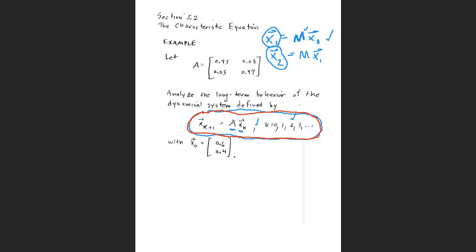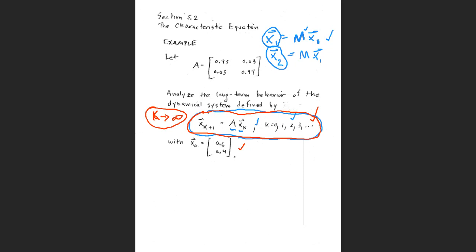Right now, though, we want to analyze the long-term behavior of this dynamical system. That means, of course, we want k to go to infinity. We're given initially that x of 0 is 0.6 and 0.4.